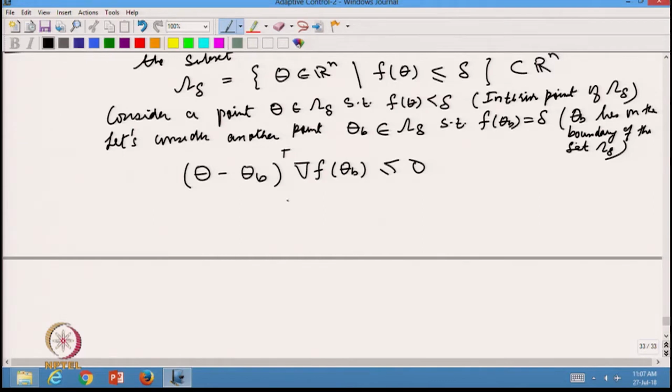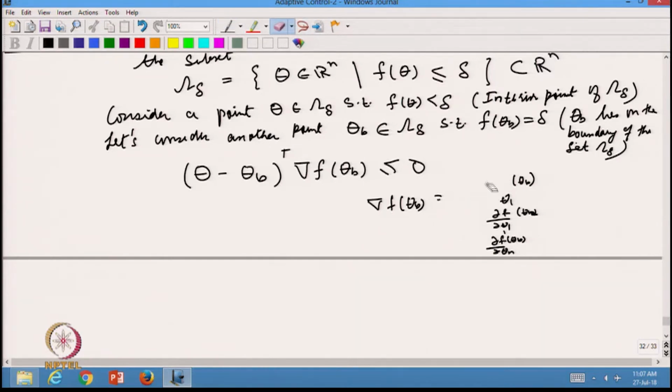So, just to be clear, this gradient of f at theta b is in fact a column vector, with entries del f del theta 1, del f del theta 2 and so on till del f del theta n, evaluated at theta b.